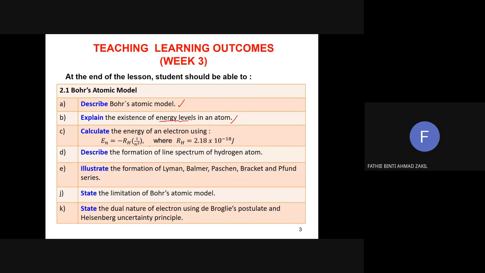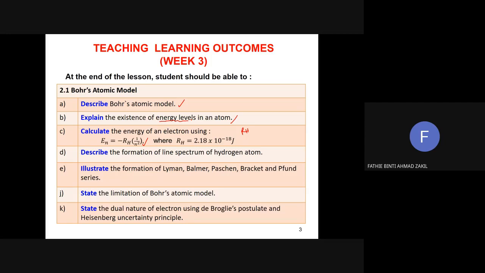Okay, so then you should be able to calculate the energy of an electron using, kita ada sikit-sikit calculation dalam ni. So yang ni adalah basic calculation. So RH ni adalah Planck constant. Oh, nantilah kita tengok balik RH tu apa.